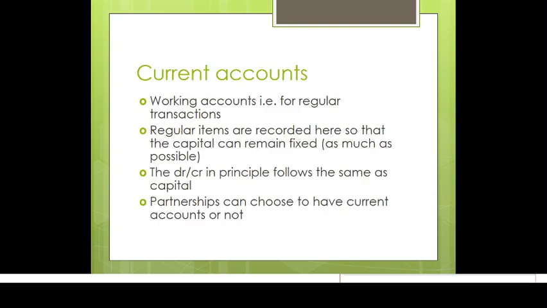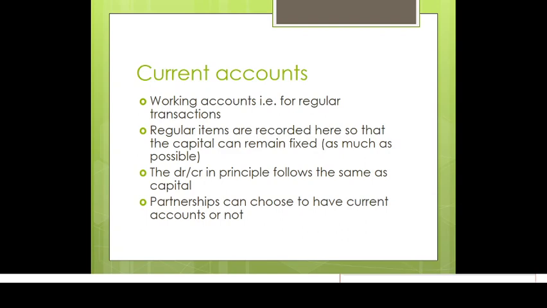Now, one thing to note is the last point here, which is that partnerships can choose to have a current account or not. You may see some AQA questions or any other examination board where they mention the partnership have agreed not to have current accounts, or the partnership have agreed to have current accounts. So how does this work? Quite simply, if they aren't going to have a current account, then you put everything into capital.